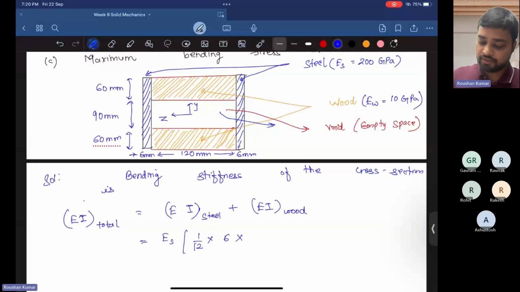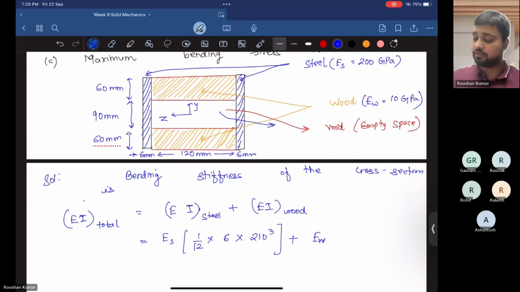What is the height here? 90, 60 and 60, that is coming out to be 210 mm. Yes, 210 cube, plus I of the wood. So E of the wood is given here, EW times I of the wood.